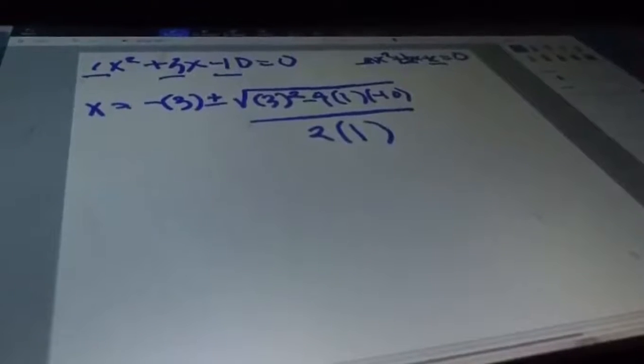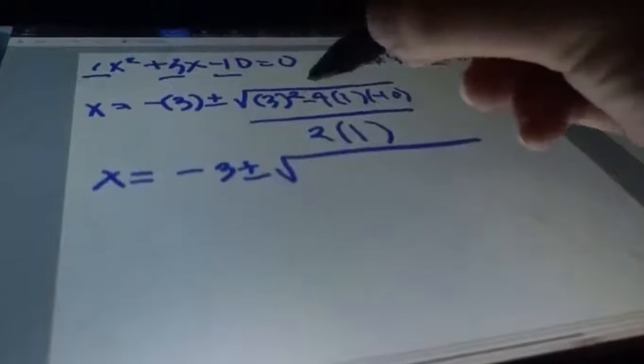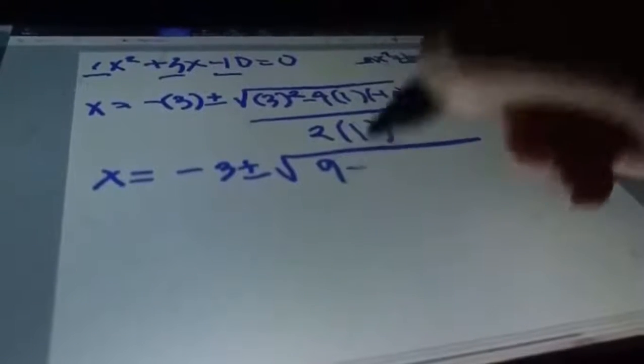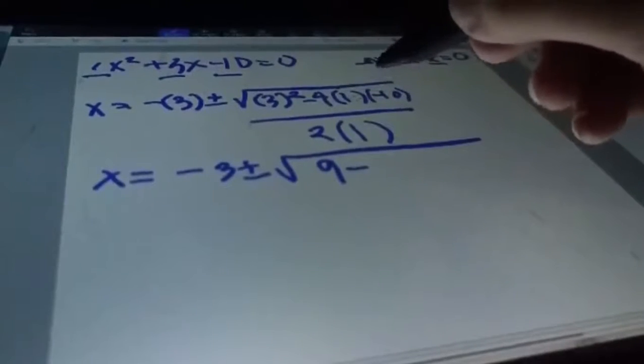Okay, so now, pakompute na natin siya. X is equal to negative times 3 is equal to negative 3, positive negative, square root of 3 squared is equal to 9, minus negative 4 times 1 is equal to negative 4.